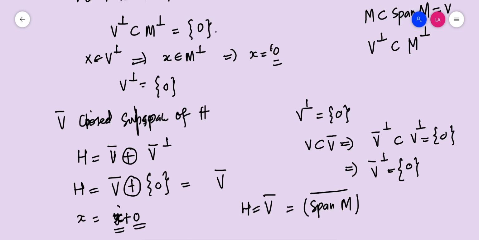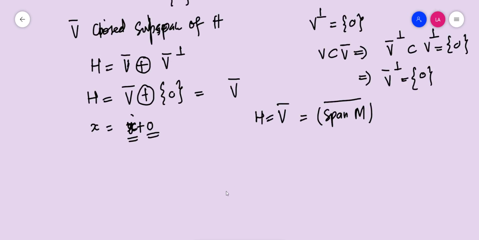So if M perpendicular, the annihilator of M, is equal to {0}, then span M is dense in H as well. Using this result, we can easily find a subset which is dense in H. The only thing we need to establish is that for a given non-empty set, its perpendicular space is actually {0}.